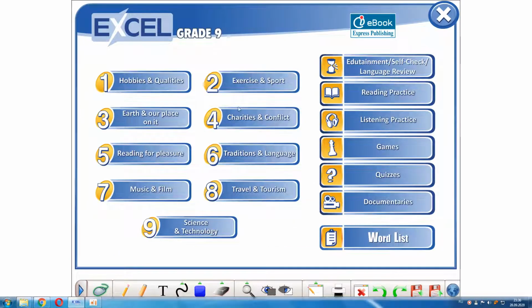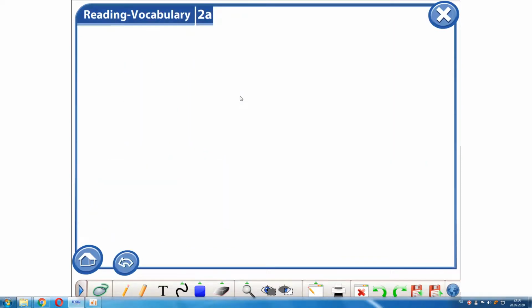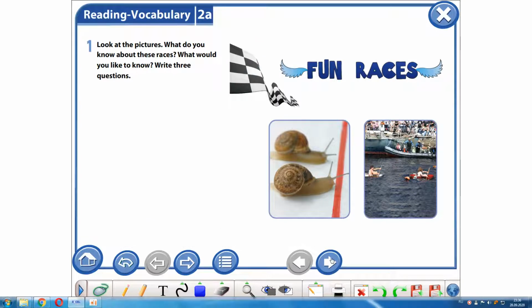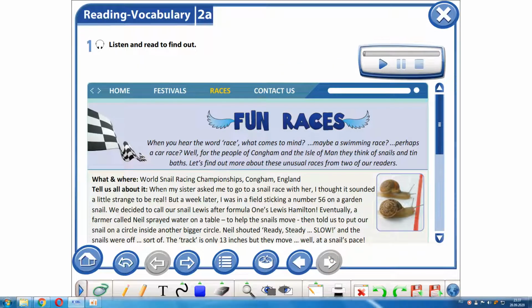Now, once more, please open your books at page 18. Exercise 1. Listen and read this text and do 2 tasks in Google form. Okay? Practice your pronunciation, please.